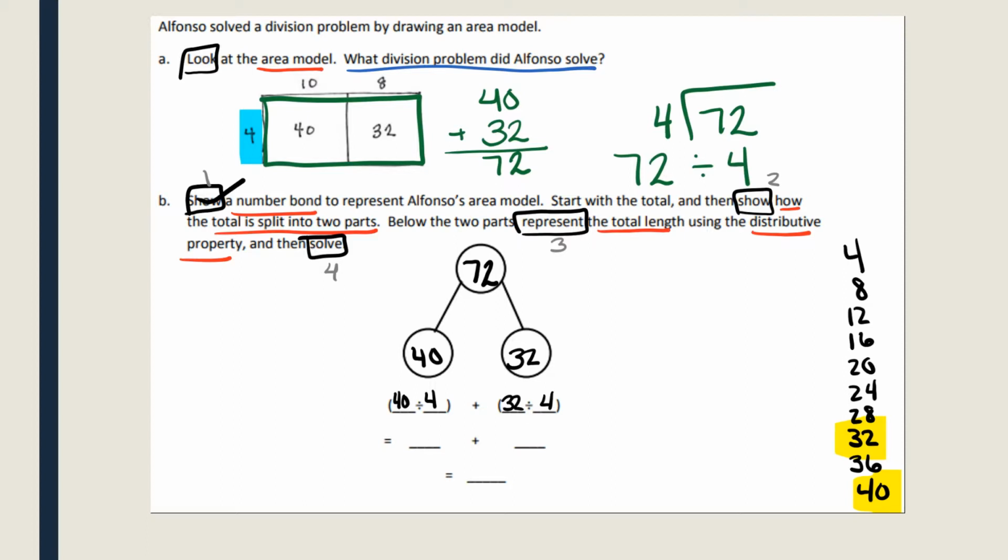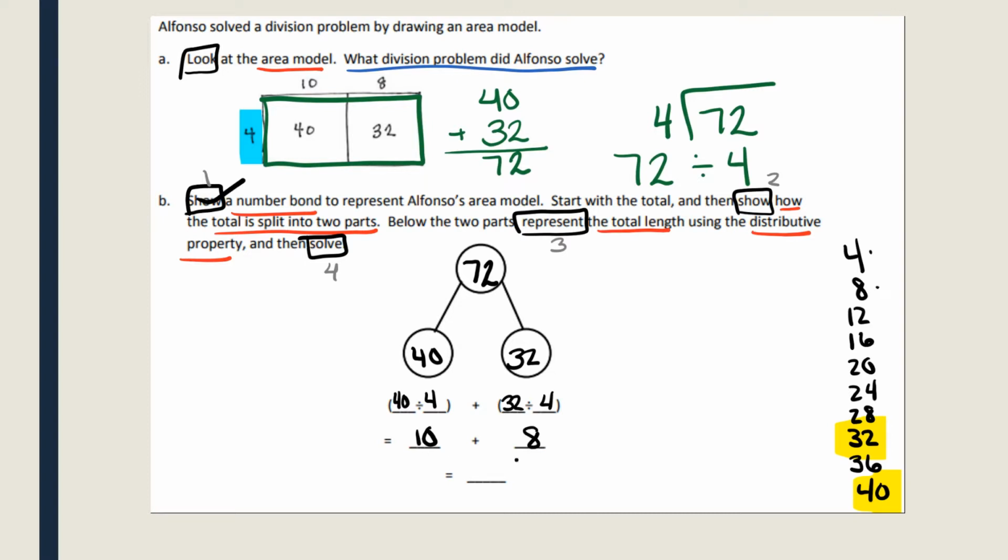40 divided by 4 is 10, and I can use my list to help me find that. If I count by 4s, I need 1, 2, 3, 4, 5, 6, 7, 8, 9, 10 4s to make 40. And if I do 32, 1, 2, 3, 4, 5, 6, 7, 8 4s make 32, so 32 divided by 4 is 8.